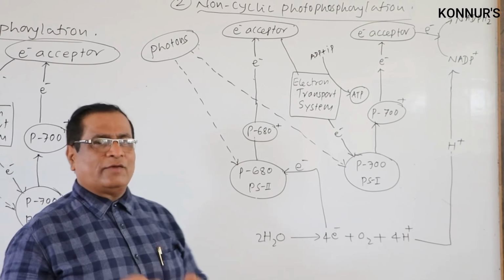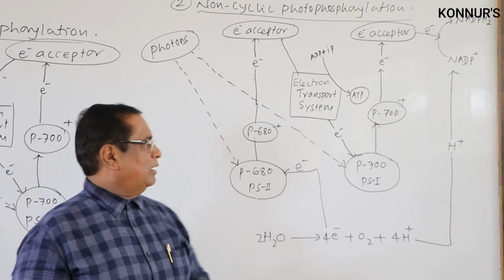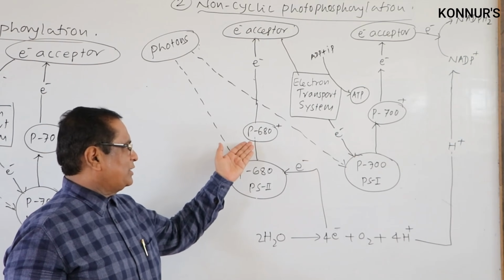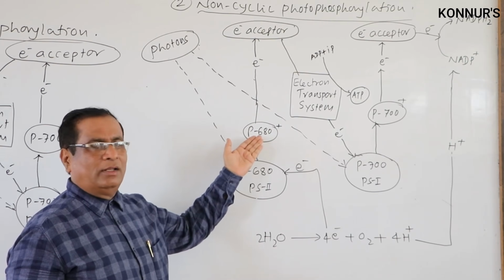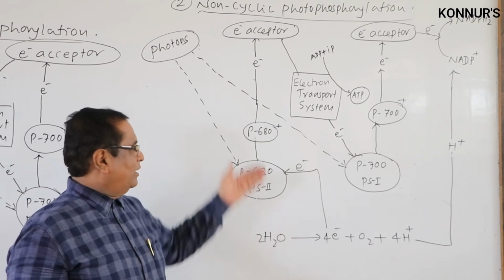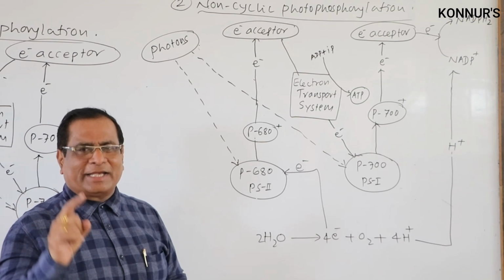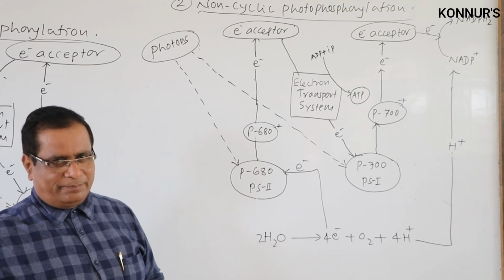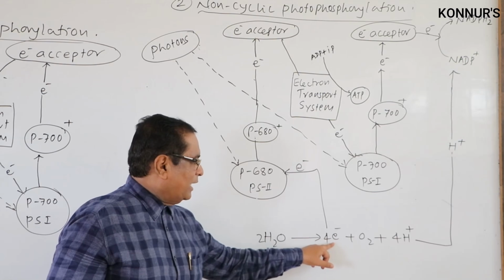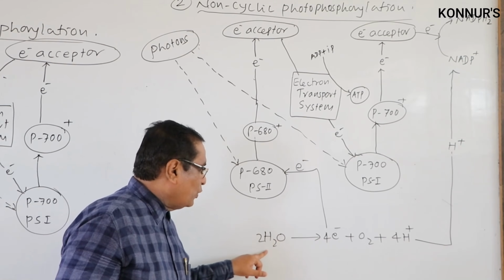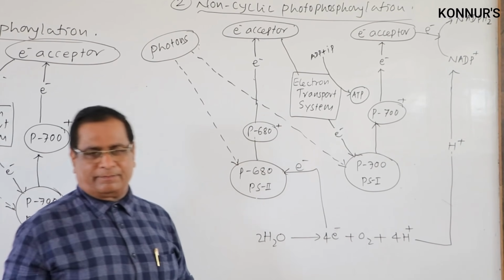In non-cyclic photophosphorylation, the excited chlorophyll 680 comes to ground level by getting the electron formed during photolysis of water.